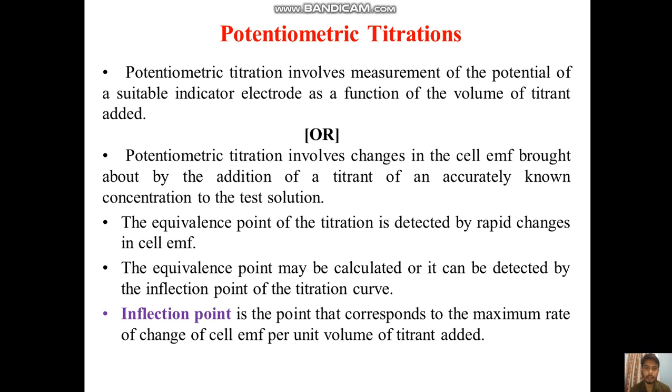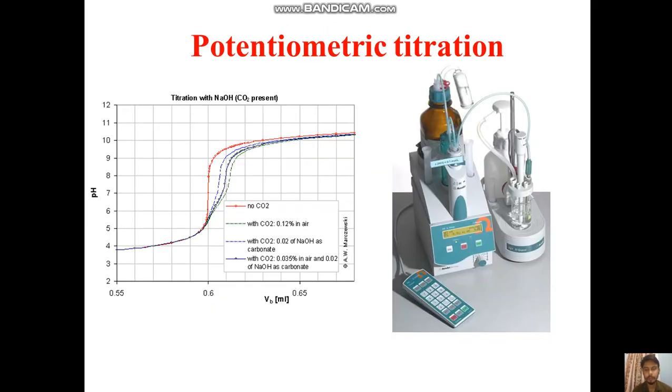And the equivalence point of the titration is detected by rapid changes in electromotive force. The equivalence point may be calculated or it can be detected by the inflection point of the titration curve. And inflection point means a point that corresponds to the maximum rate of change of the cell EMF per unit volume of titrant added.